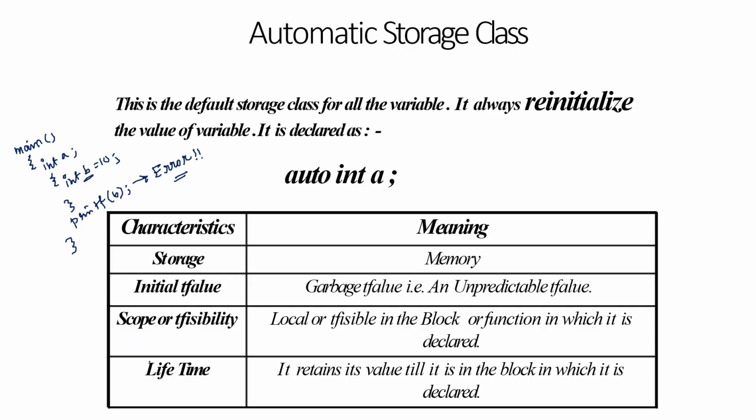Not only scope, there is one more parameter, lifetime, and the lifetime of the variable will be bounded within this block only because it is declared within this block. It retains its value till it is in the block in which it is declared. So b is declared within this inner block, and that's why the lifetime of b is within this block only, not outside the block.